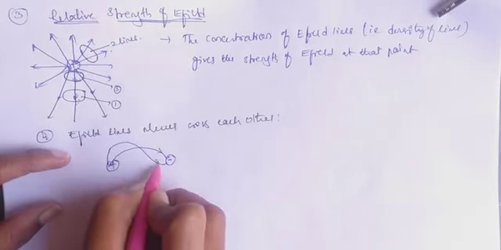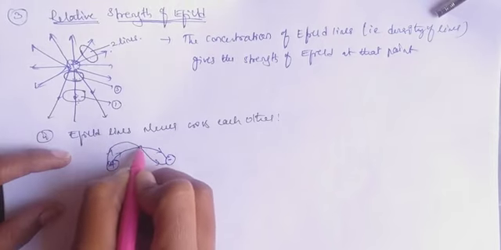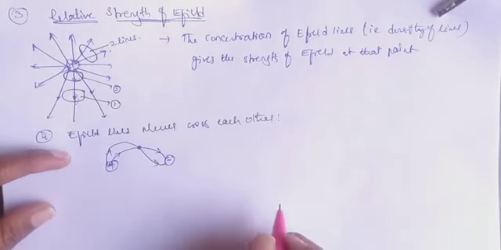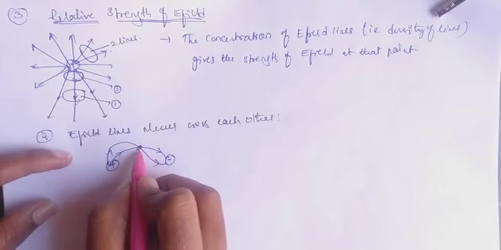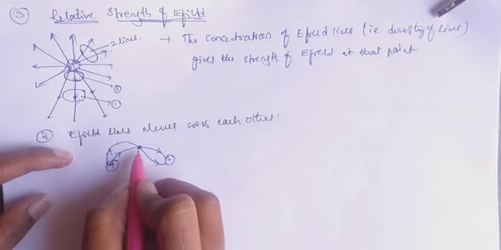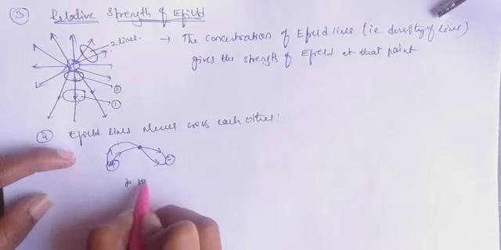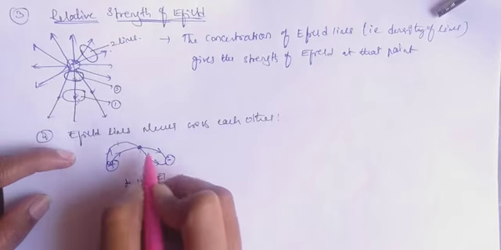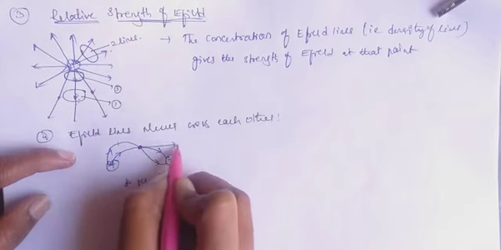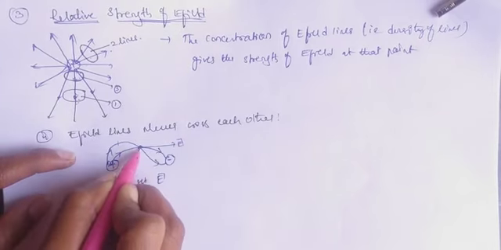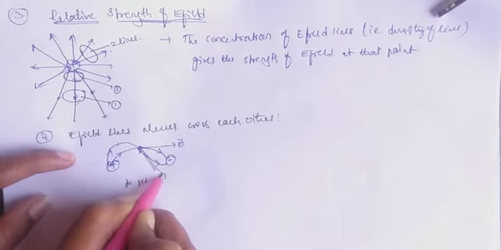Here there exists an intersection point. To get the direction of E, we have to draw the tangent. This is the E direction, and this is the tangent which is drawn.